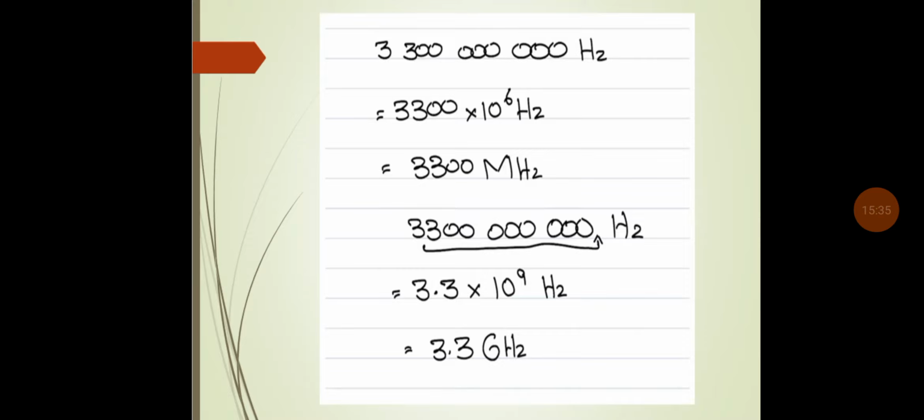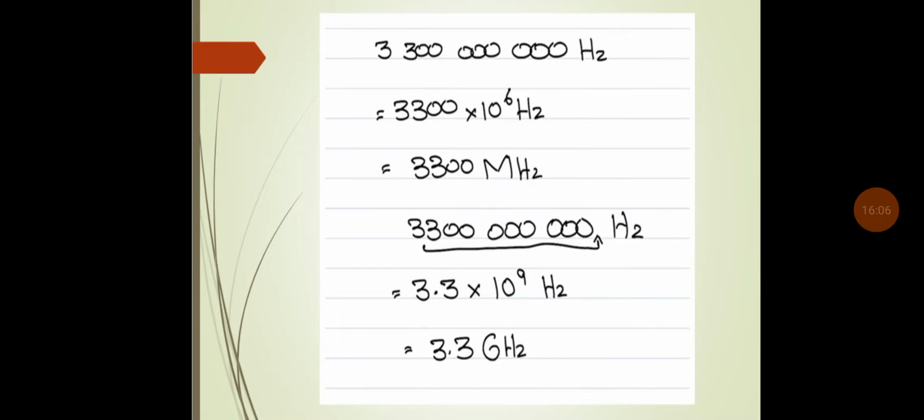Similarly, in this figure we have 3,300,000 hertz. Here we convert this value to 3300 and then 10 power 6 hertz. Now 10 power 6 equals mega, so it will be 3300 megahertz.